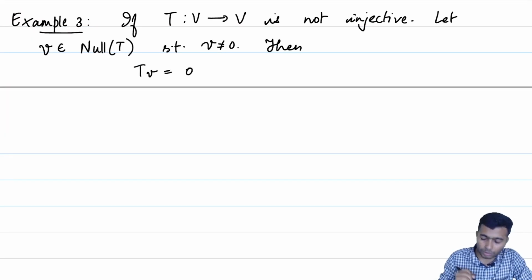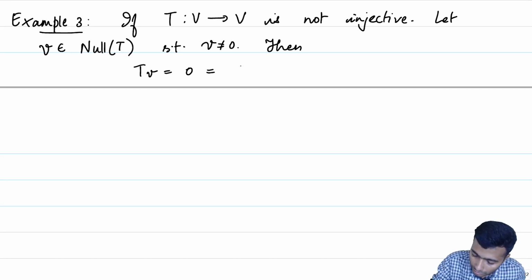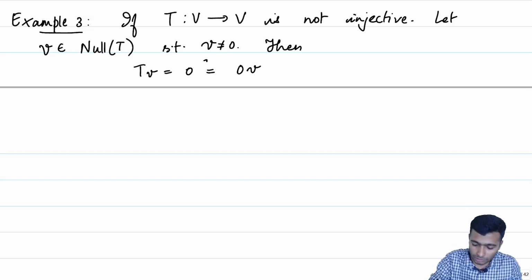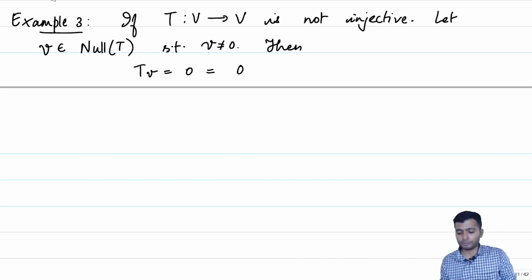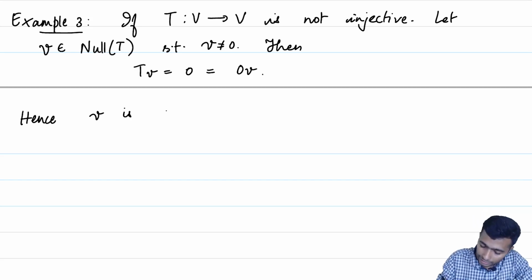Tv is equal to 0, the 0 vector of V, but that is nothing but the scalar 0 times our vector v. So, again it is your job to keep track of which 0 is where. This 0 is in the vector space V, this 0 is in the real numbers, it is a scalar. So, that means v, which is a non-zero vector, is hence an eigenvector.